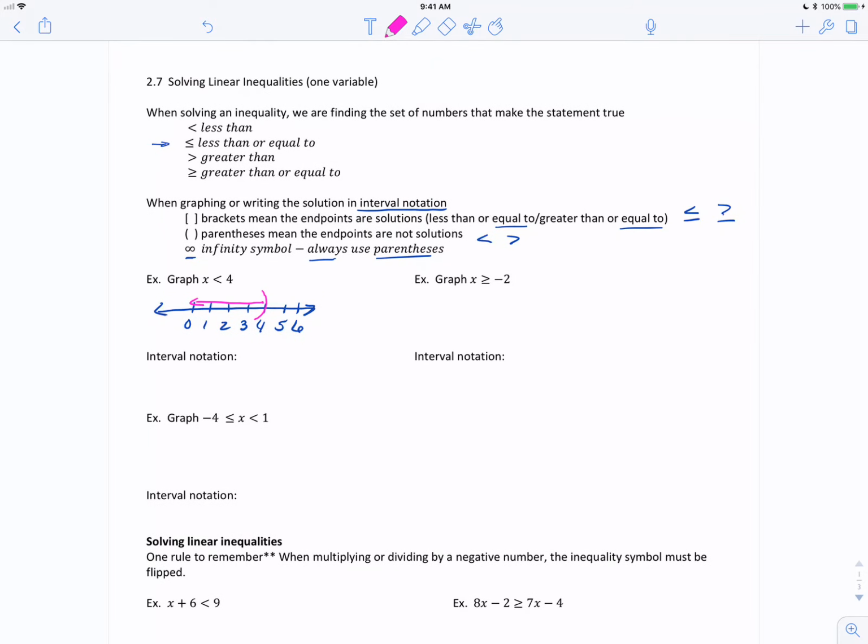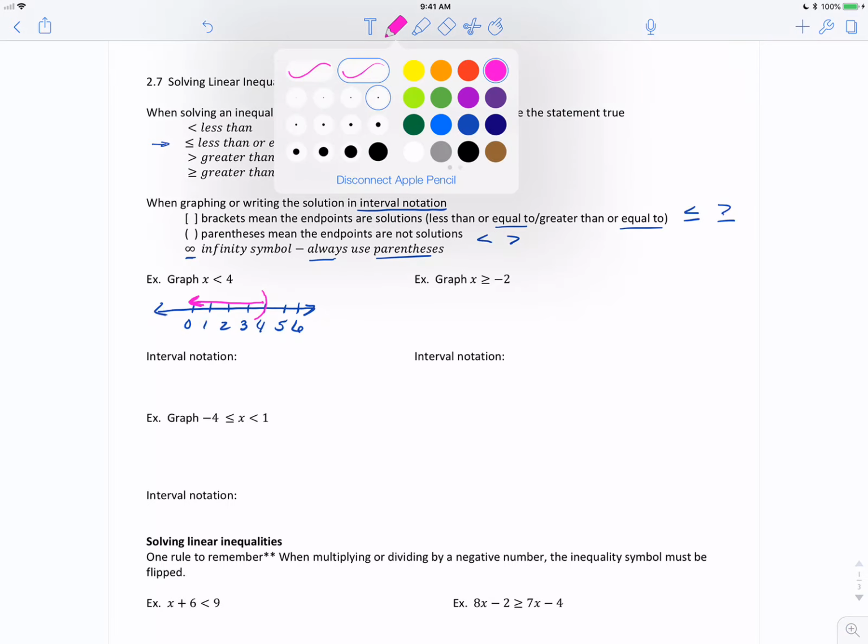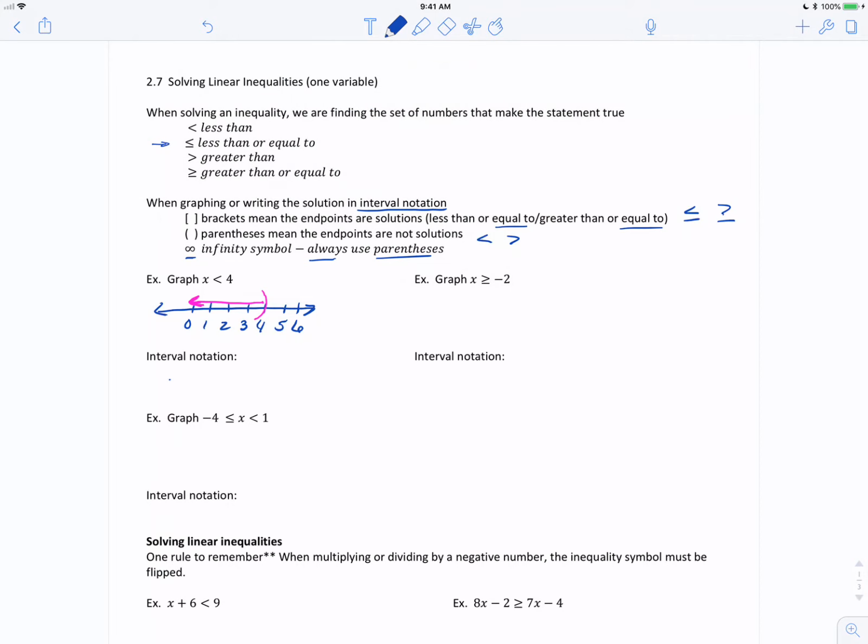Well, in interval notation, notice if we just read this number line from left to right, the first thing we're going to see here is our arrow. Well, that's just pointing, and it's going to keep going forever because all these other numbers that are not even listed on my number line are also included as things that are less than 4. So that means it's going to negative infinity.